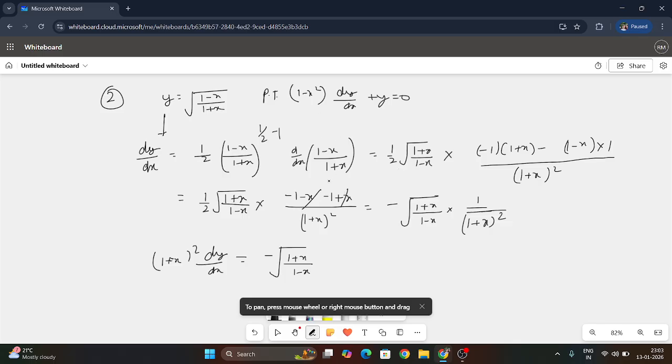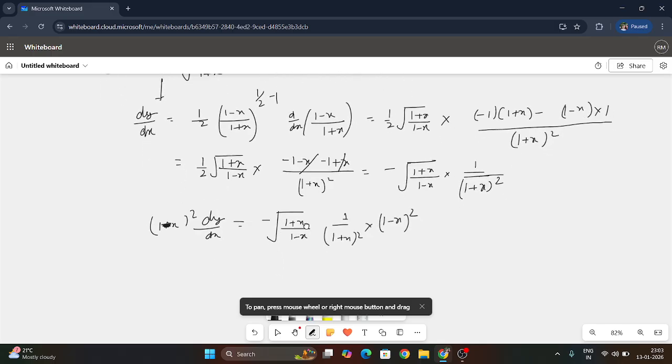So one thing that you can do from your side, don't worry, it's still easy. Let's suppose this is 1 minus x, and this is 1 by (1 plus x) whole square, and multiply by (1 minus x) whole square, just like this side.